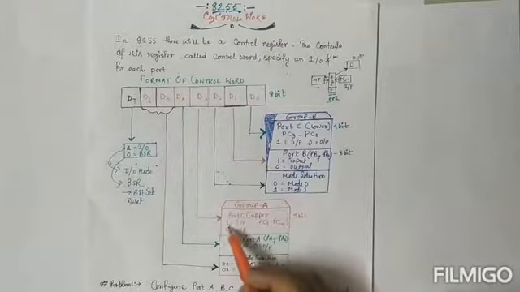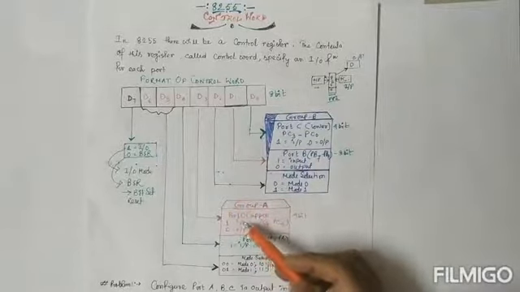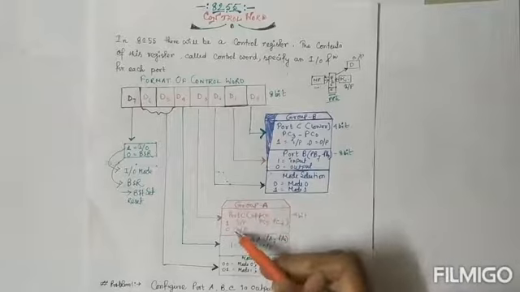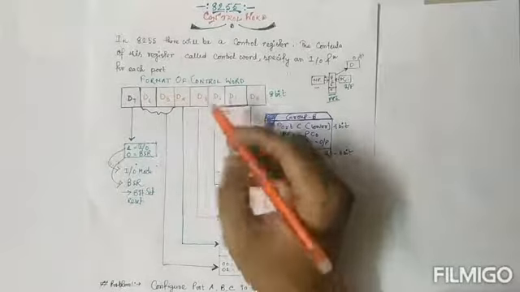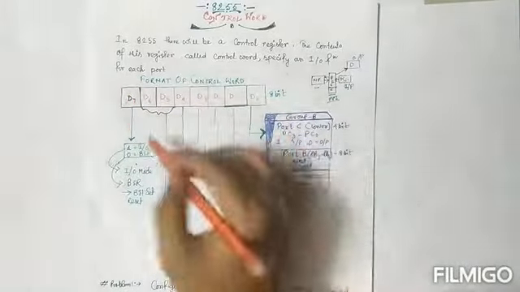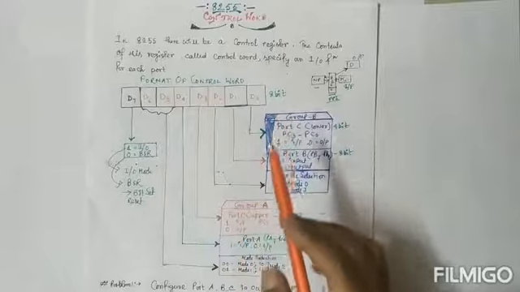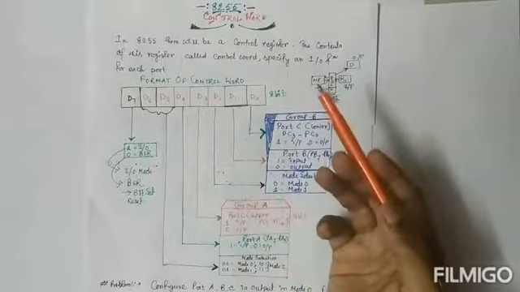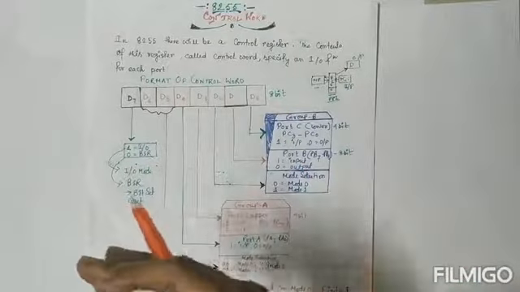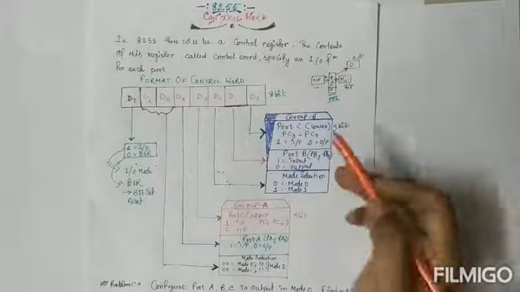If the bit is 1, then this port acts as an input port, and if the bit is 0, the port acts as an output port. In the total control word format, 1 means input and 0 means output.